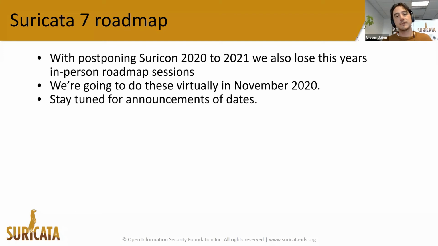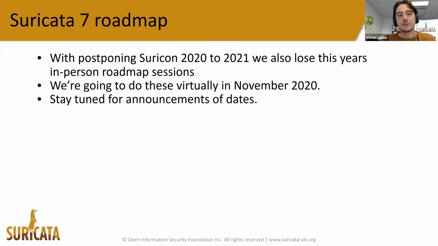So as Josh mentioned, Suricon, our annual conference, has been postponed due to COVID. And so hopefully it will happen more or less normally in 2021, but that's too long into the future for the roadmap brainstorm session. So what we are going to do in November is a virtual version of our annual roadmap discussion.